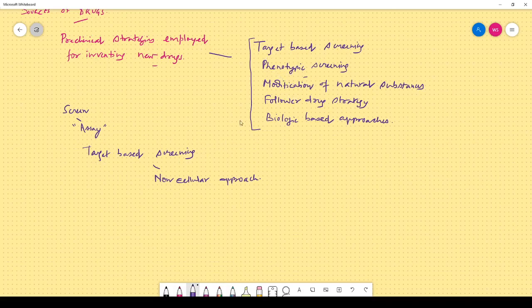The second approach is using a phenotypic screen. So what is a phenotypic screen?